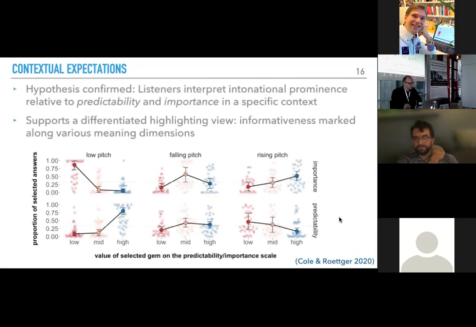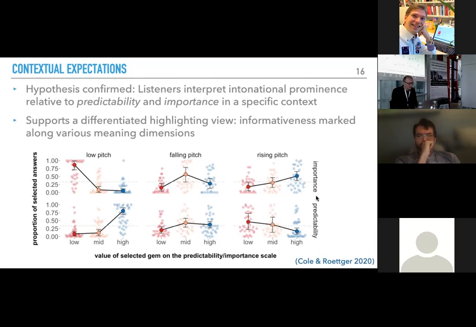And the hypothesis by Cole and Röttger was confirmed, that listeners interpret intonational prominence relative to predictability and importance in a specific situational context, and not necessarily to information structural categories like focus and givenness, which we usually investigate in such production studies.